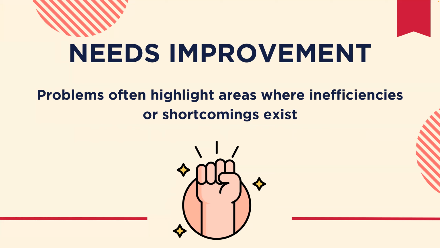But with that clarified, the needs improvement category problems often highlight areas where inefficiencies or shortcomings exist. So there could already be a solution to a specific problem. However, there might be inefficiencies within that solution, and you could have a better solution, which is why it's called needs improvement.